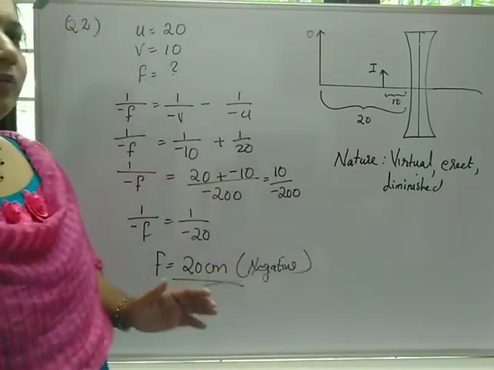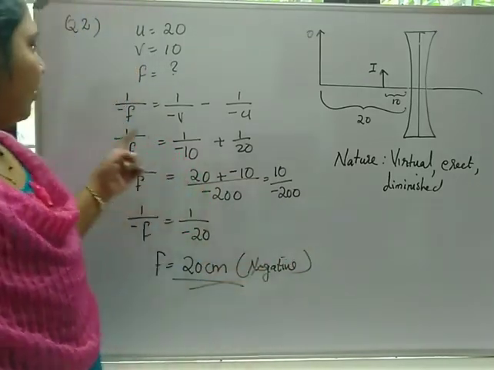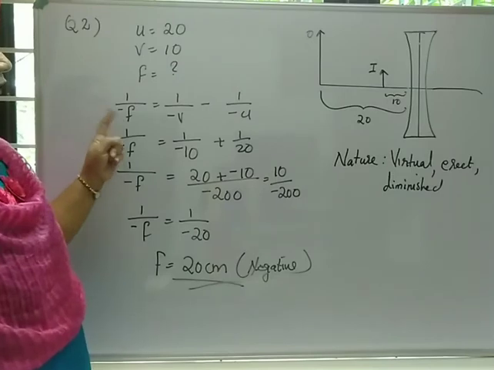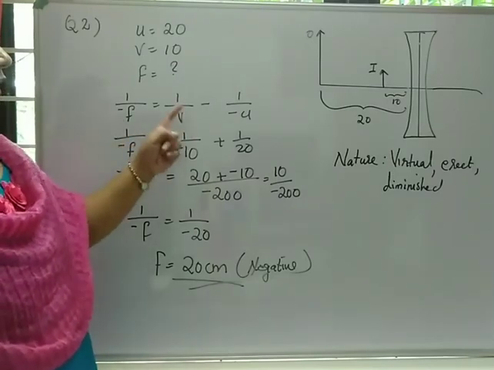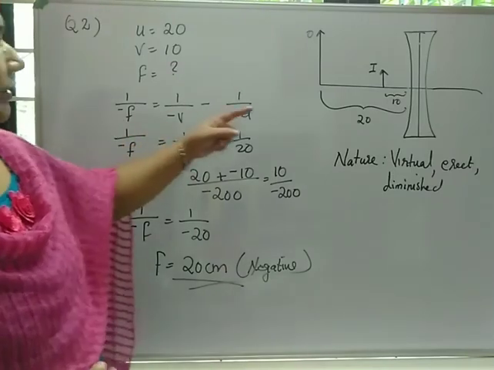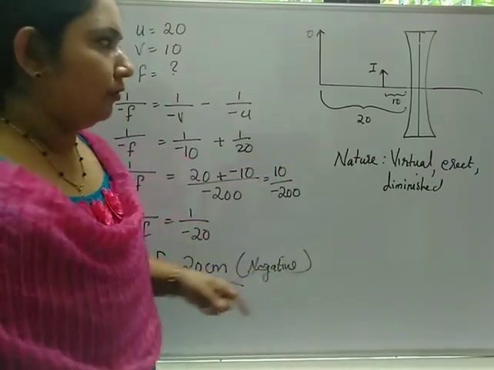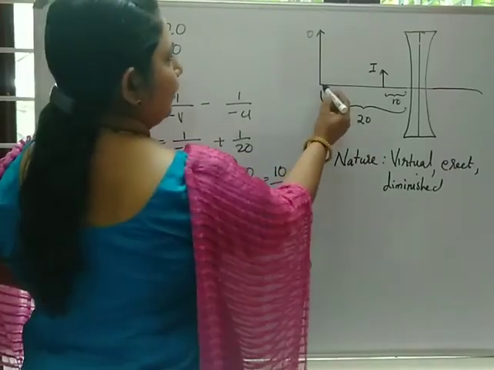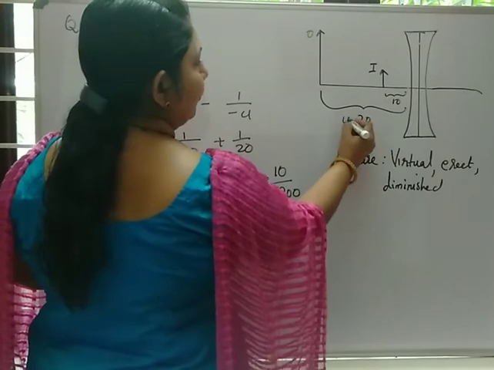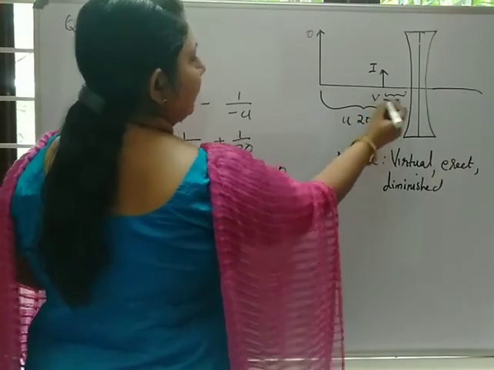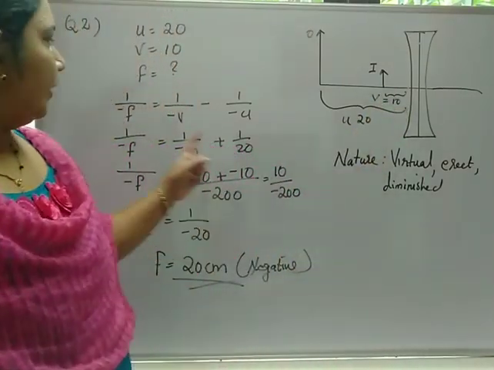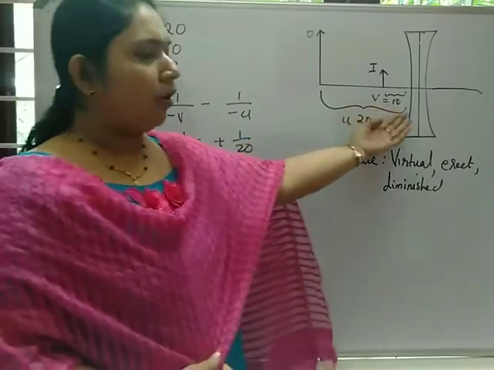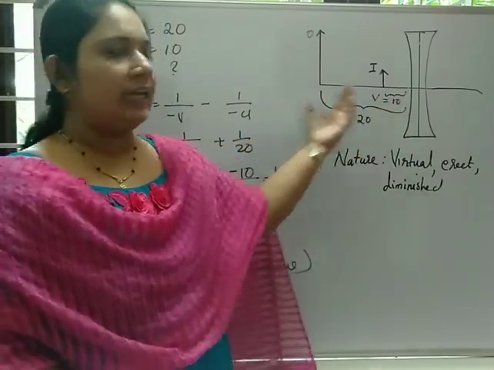Now we are asked to calculate the focal length. The formula for focal length is 1 by f is equal to 1 by v minus 1 by u. Here you can see we have v and u. The distance between the object and the lens is u, and between the image and the lens is v. All the measurements are on the LHS side.